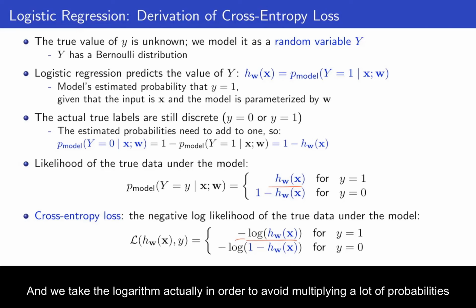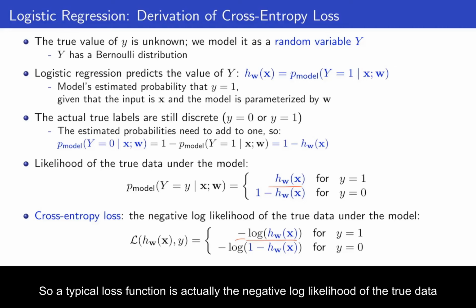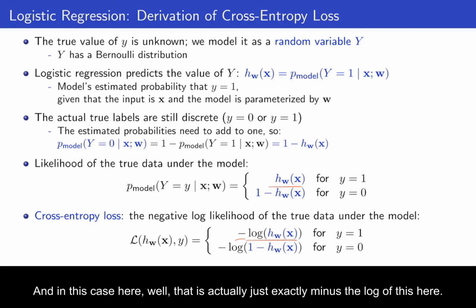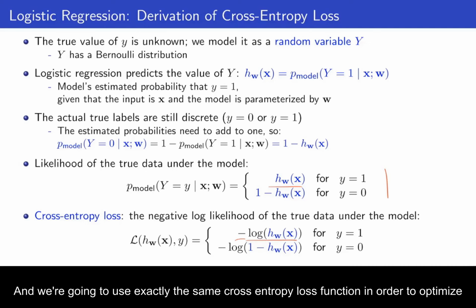We take the logarithm in order to avoid multiplying a lot of probabilities; in machine learning, we typically sum log probabilities. So a typical loss function is the negative log likelihood of the true data under the model, and in this case that is exactly minus the log of this. That is our cross-entropy loss function, and we're going to use exactly the same cross-entropy loss function to optimize our deep learning models.